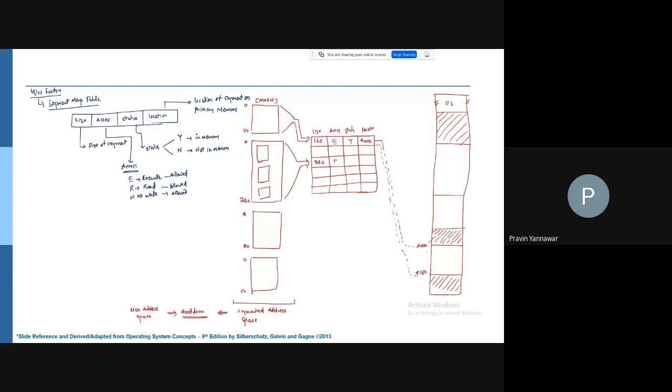This again has execute access, it exists in memory, and it is at this particular location. The size is 340. If this starts at 3000, it ends at 3340. So this is going to be all your address space for that.